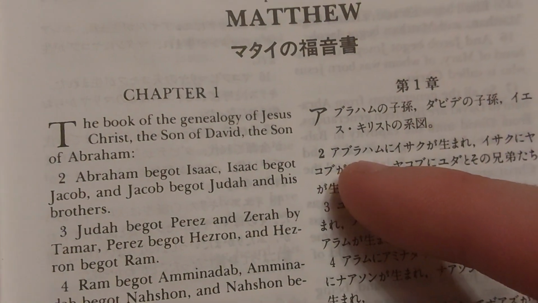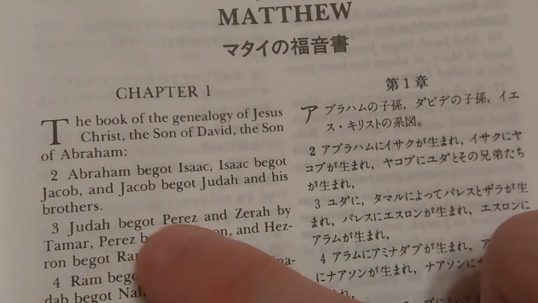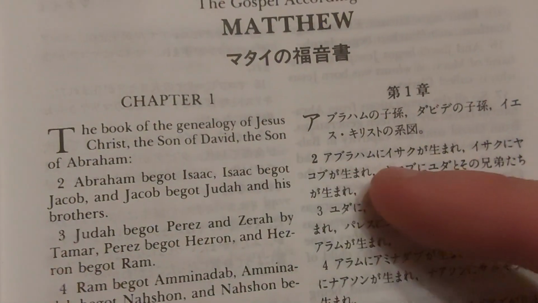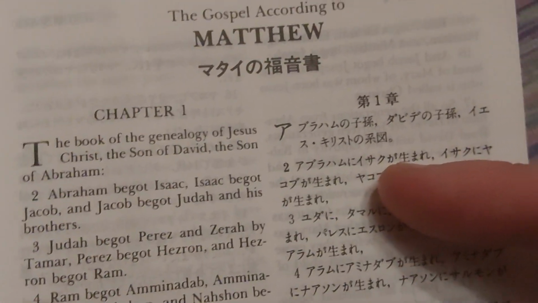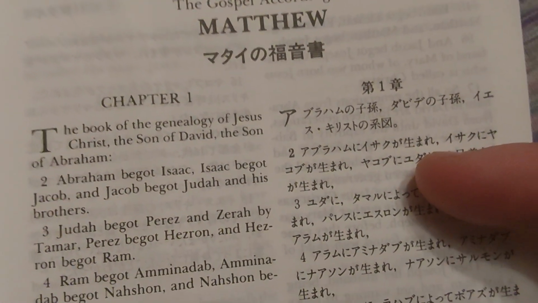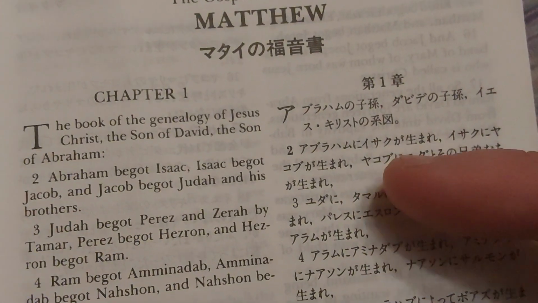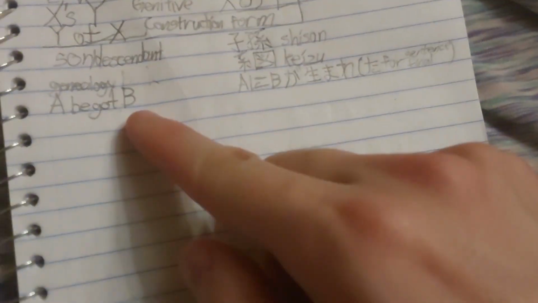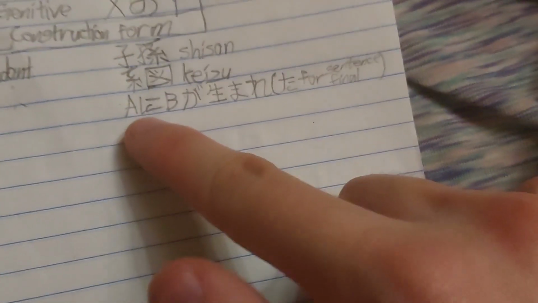So we have the father's name, ni, the son's name, ga umare, so we have Abraham. So we have A begot B, or in the Japanese it's A ni B ga umare, or umareta if it's the end of the sentence.